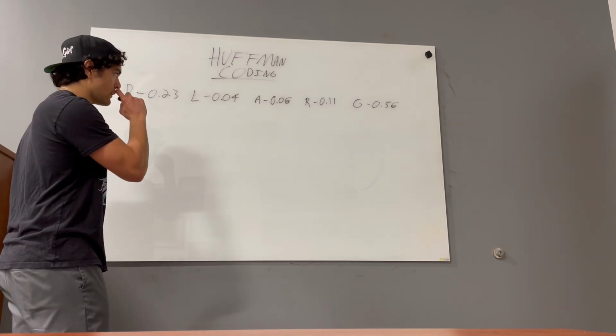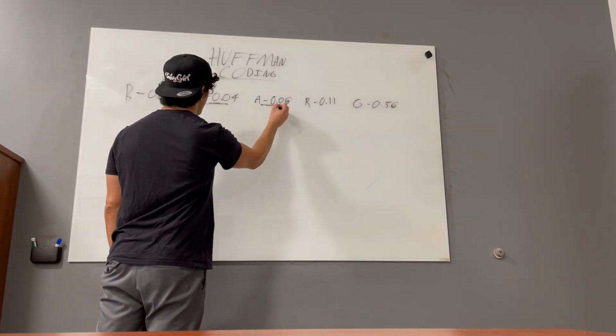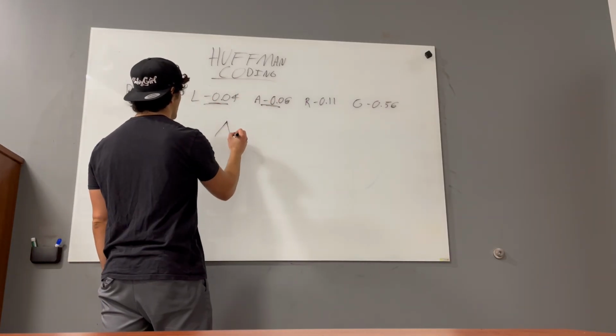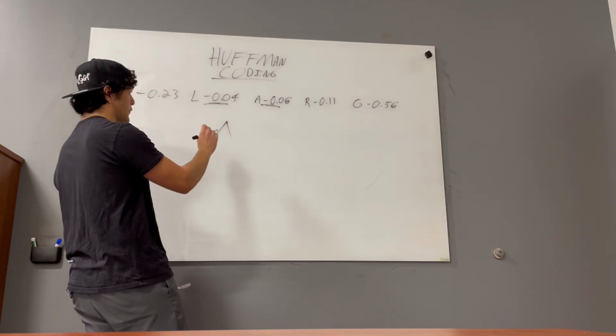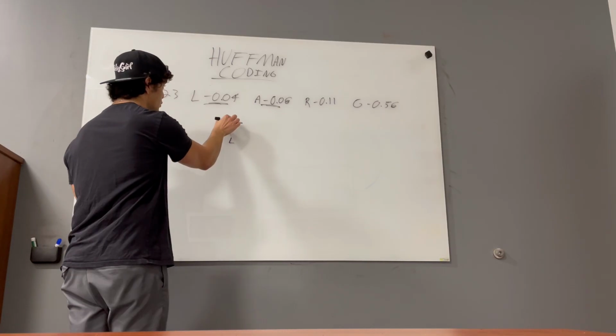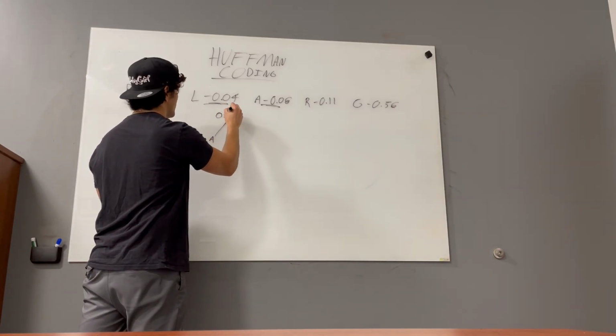Okay. So we see that our smallest weights are L and A, so we're gonna combine them. Heavy elements on the left, right? So A is gonna be on the left, L is gonna be on the right, and our new weight for this tree is gonna be the sum of these weights, so 0.10.